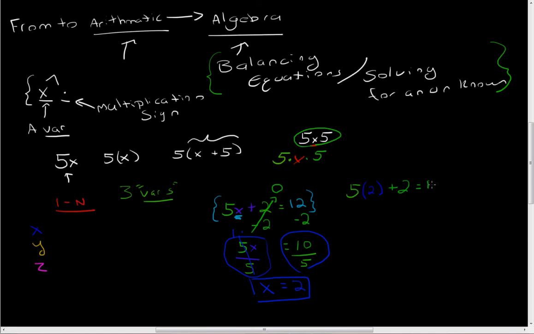Well, it equals 12. When I multiplied 5 times 2, I got 10, plus 2 gave me 12. Solving for that unknown allowed us to solve for this variable and get out a single value of what x would equal if we wanted to find this value.